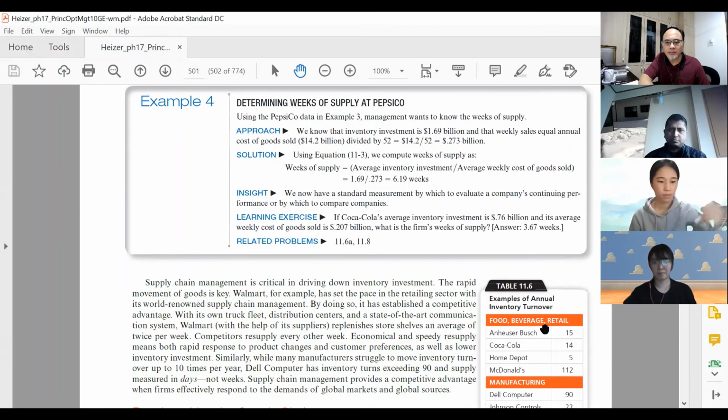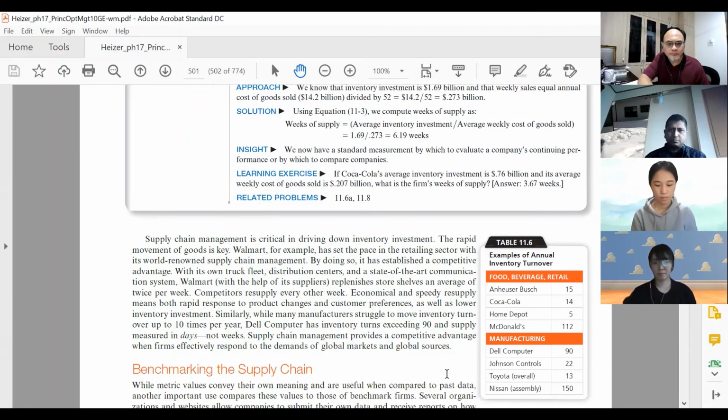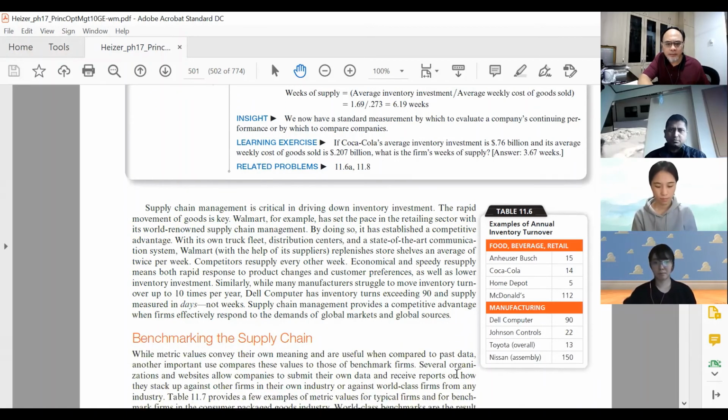There are 3 measures you can look at. Before I ask you to do some questions, let me just touch on the final part, which is benchmarking the supply chain.